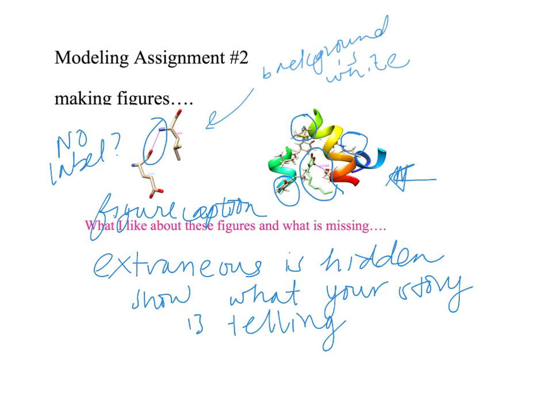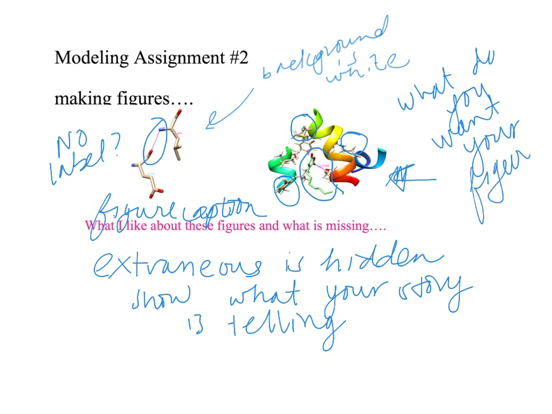I'm not sure why that's there. So think really hard about what you want your figure to say, and work hard at getting it nice and cleaned up so that it says that. Otherwise, again, this needs labeling. So label, what is this? What is that residue? And then it also needs a caption.